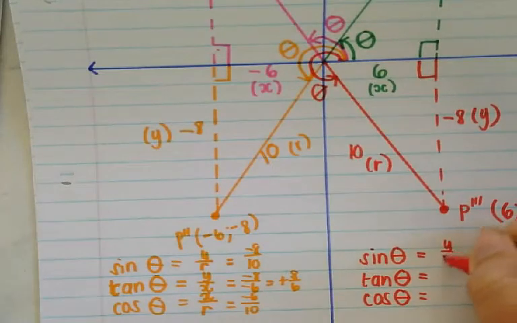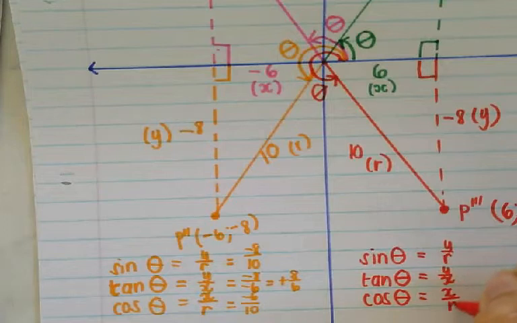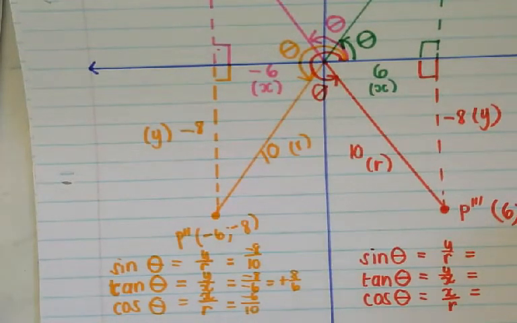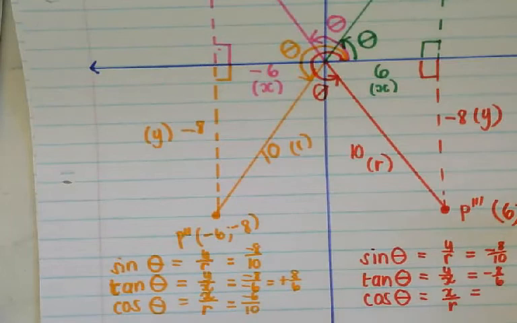So y over r, y over x, and x over r. Putting in those values, negative 8 over 10, tan would be negative 8 over 6, and cos would be 6 over 10. Yes, Rebecca? Ma'am, do we have to simplify the fractions? No. At least not from this.